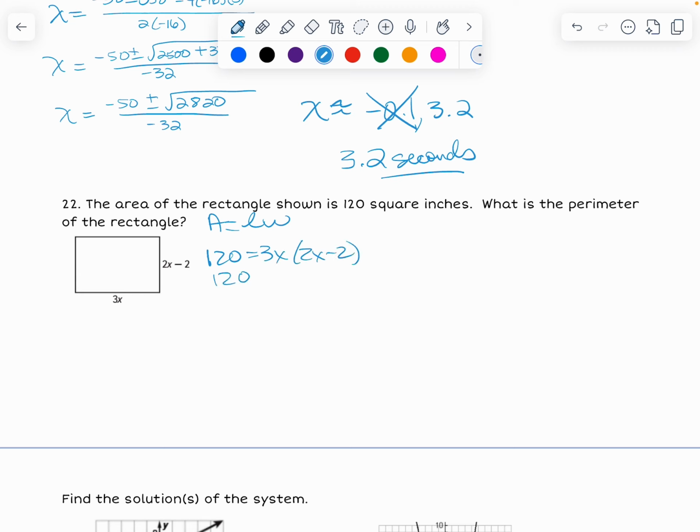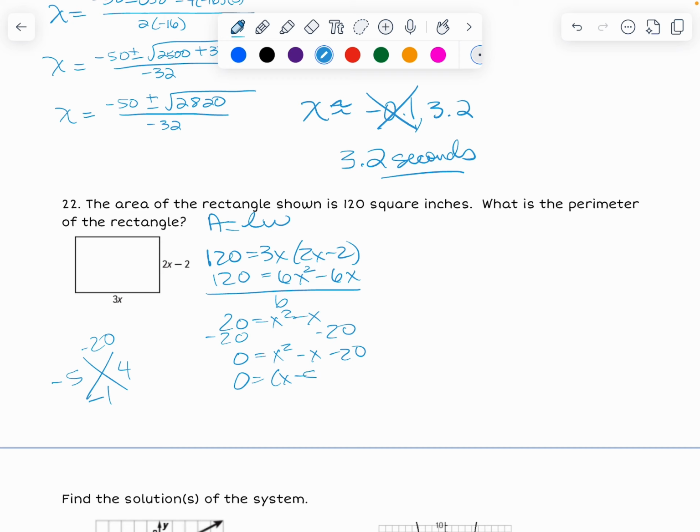So I get 120 equals 6x squared minus 6x. Divide everything by 6, and I get 20 equals x squared minus x. Subtract the 20 over. Get 0 equals x squared minus x minus 20. The factors of negative 20 that add to negative 1 are negative 5 and 4.